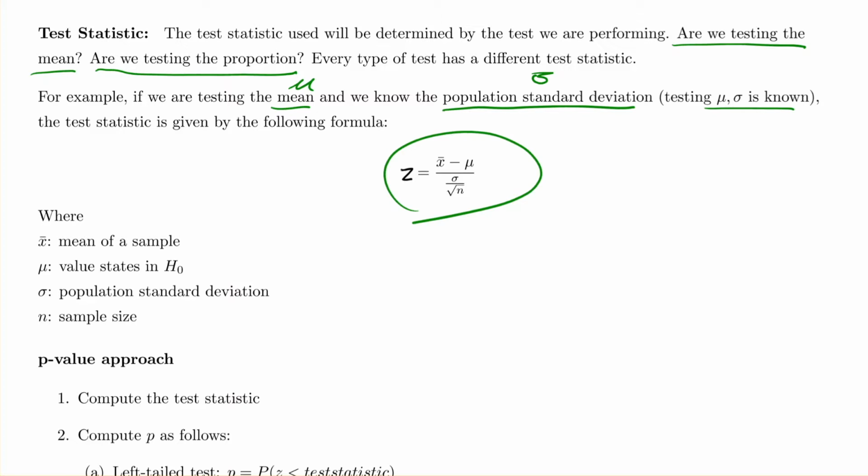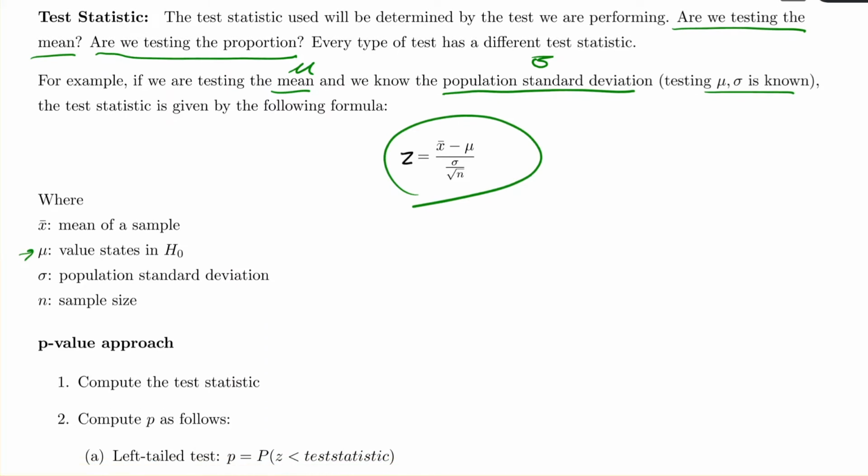Here, X bar is the sample mean, mu is the population mean, this value is stated in the H naught, the null hypothesis, sigma is the population standard deviation, and n is the sample size. So we found a test statistic, which in this case will give us the z value from the z table.